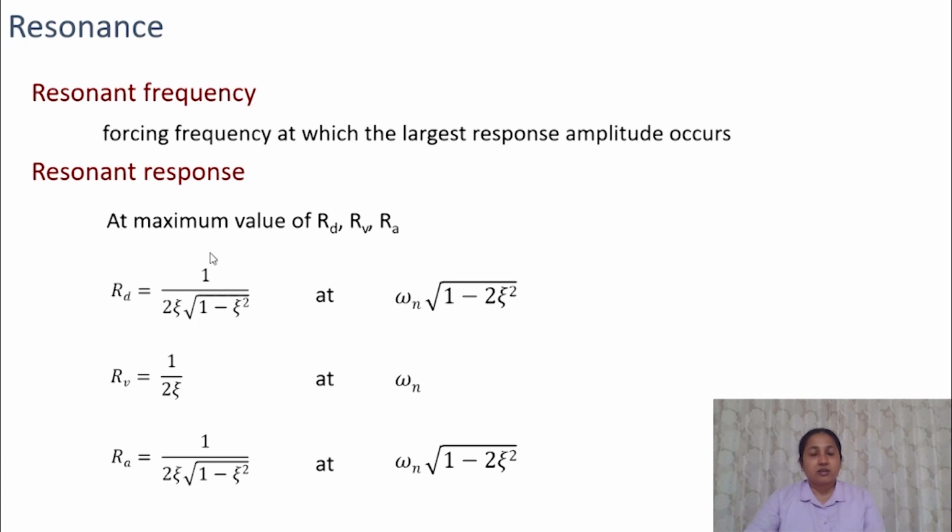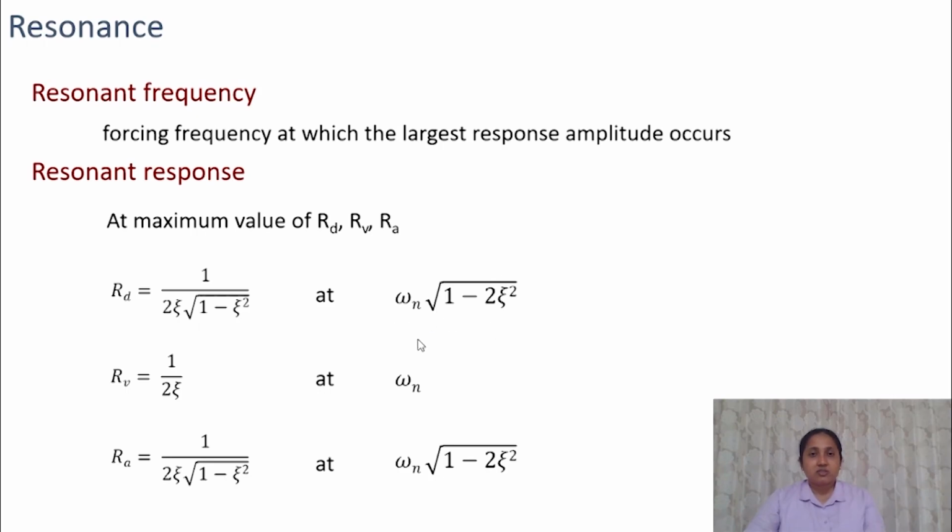So we can differentiate the expressions and calculate the maximum values of Rd, Rv, and Ra. The maximum value of Rd is equal to 1 by 2 zeta square root of 1 minus zeta square, and this happens when the forcing frequency is a little less than the natural frequency.